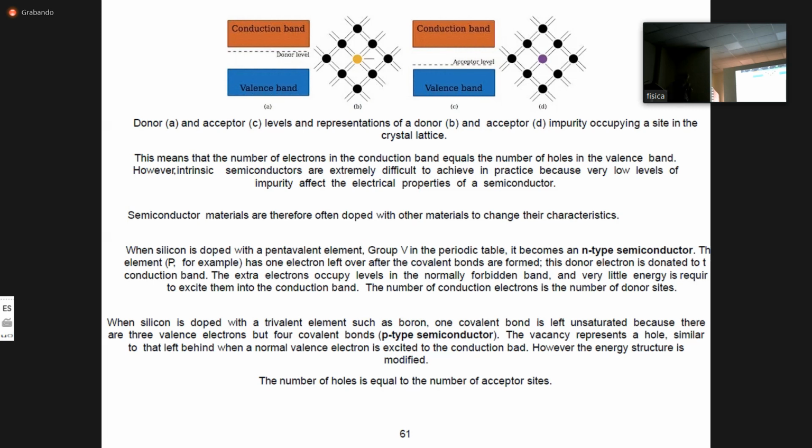But it happens that with the majority of materials, germanium and silicon, it's extremely difficult to achieve the purity and properties that can allow you to operate the detectors in this manner.